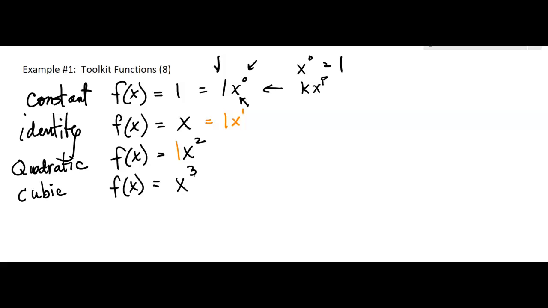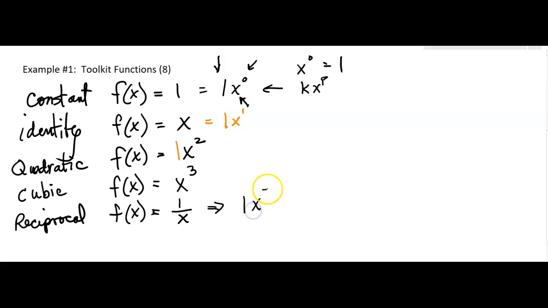Let's see, what's next? The reciprocal function. The reciprocal function says f of x equals 1 over x. Now, that one you might say, oh, that one looks different. But I can write that as 1 times x to the -1.